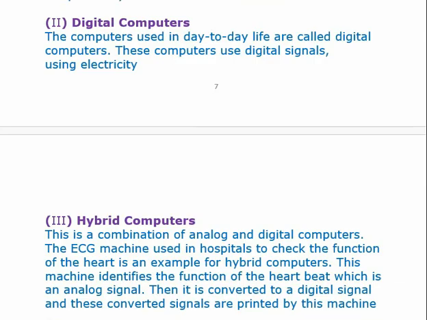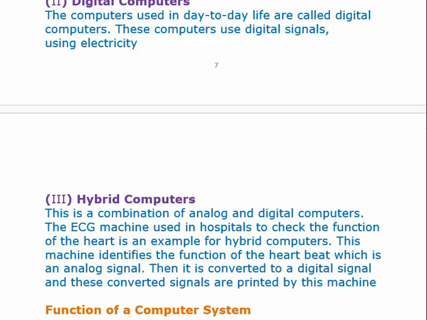Heartbeat is measured using an ECG machine. Heartbeat is actually an analog signal. These analog signals will be converted to digital signal and sent to a digital device for printing. Since it combines analog and digital, we can call it hybrid computers.